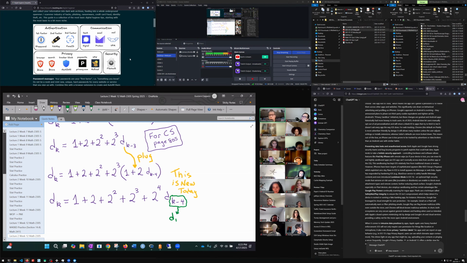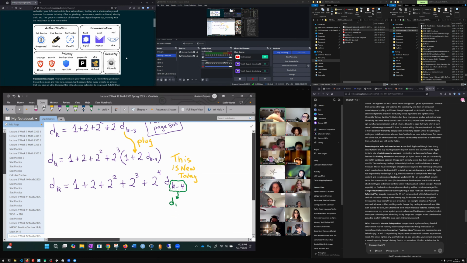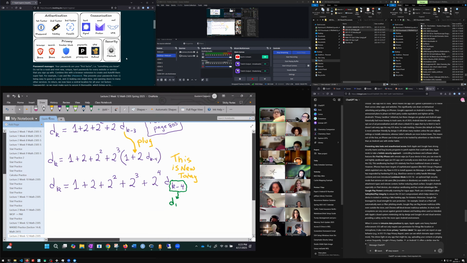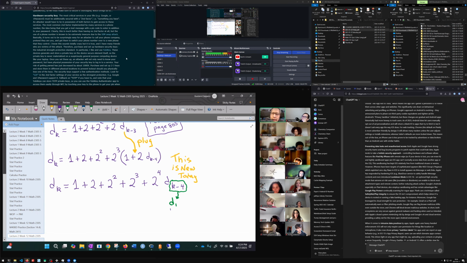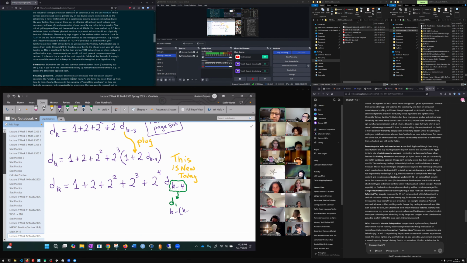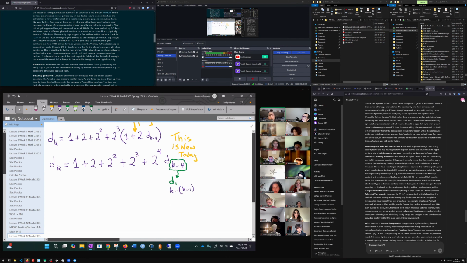How do I get to D1? I need the correct subscript. I will get to D1 at the moment that I get a K minus K minus 1. That's the only way I can get to D1.